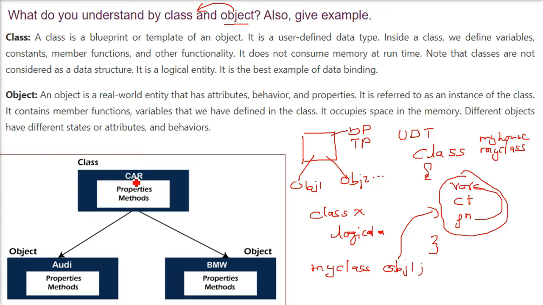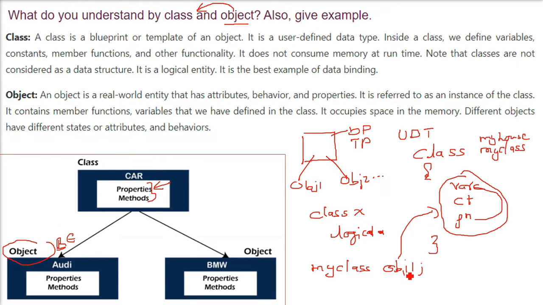For example, a class car has certain attributes, properties, methods, but this is just a class. When you create an object of a class, it becomes the property of, say, an Audi, method of an Audi, variable of an Audi. So it is referred to as an instance of the class.